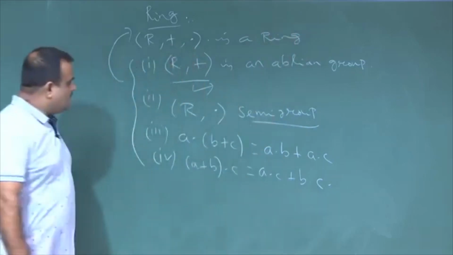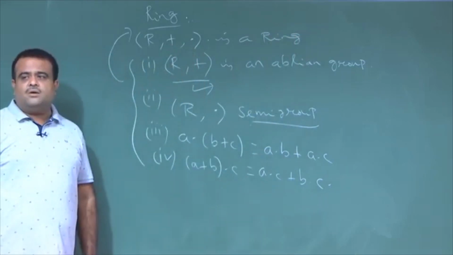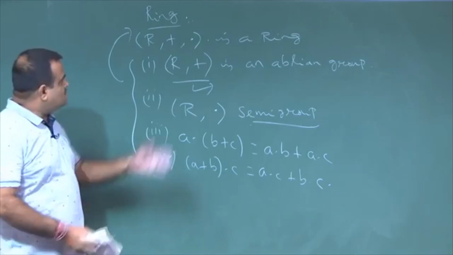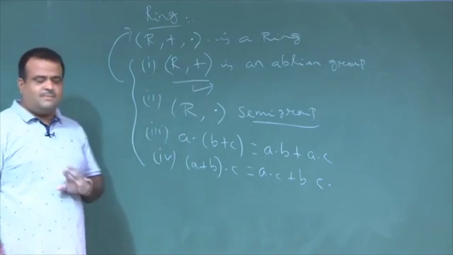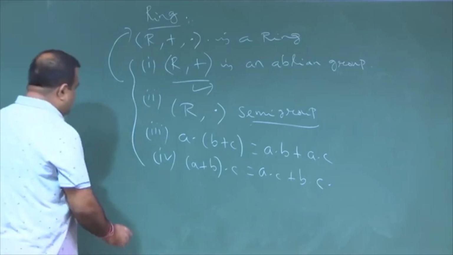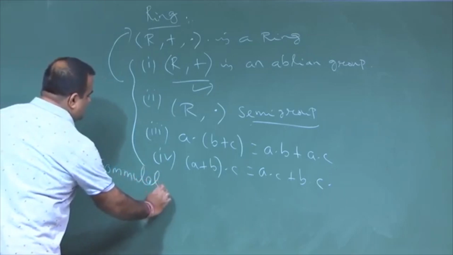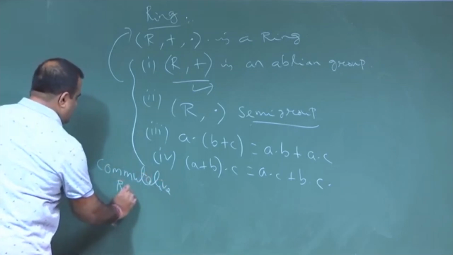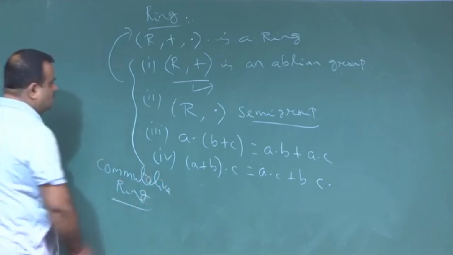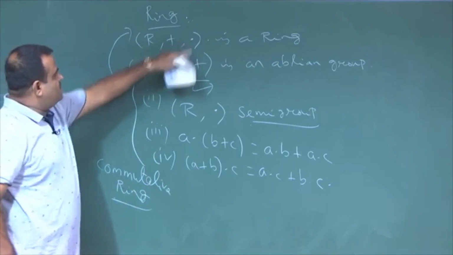Now we say this ring is a commutative ring when, because this plus is already commutative, it is abelian, it is also commutative under this dot.